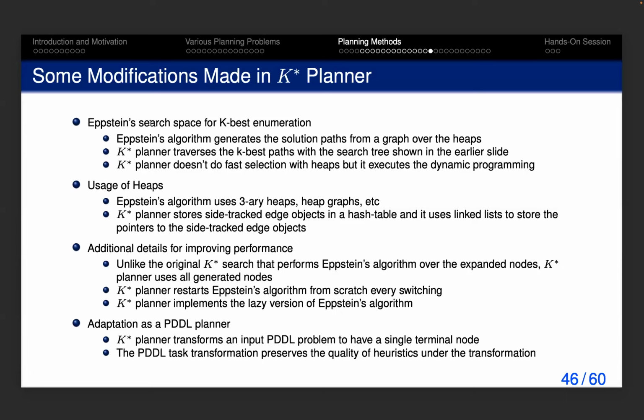In the K-star planner, we just used a linked list storing the pointer to the sidetrack edge object. This is a necessary choice to handle pointers, so the search space is really defined using pointers on all the objects here.